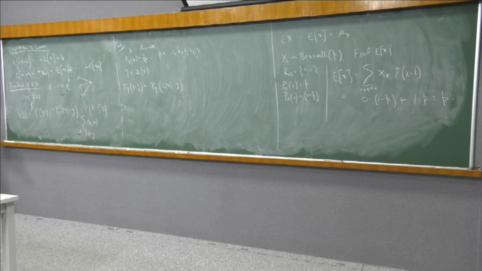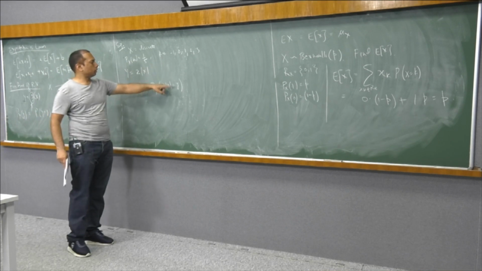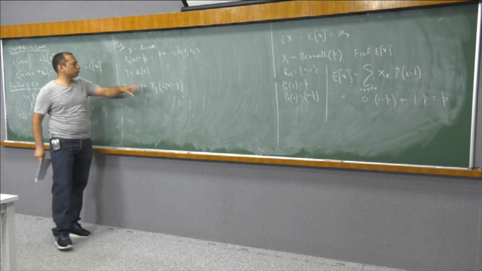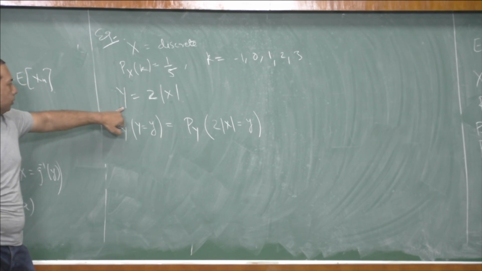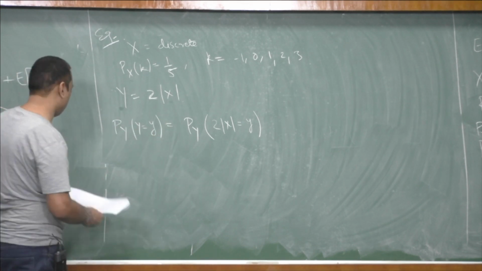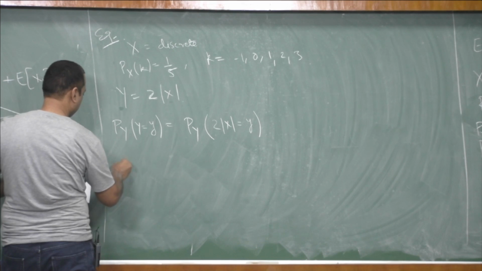Let us start with y equals 0. We will go back and see for which values of x I get y to be 0. Let us calculate one by one.